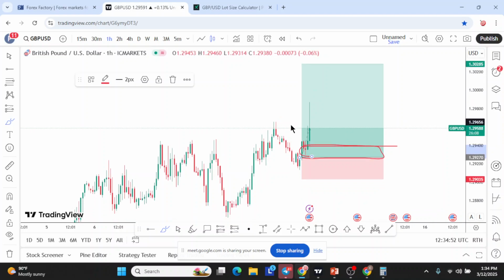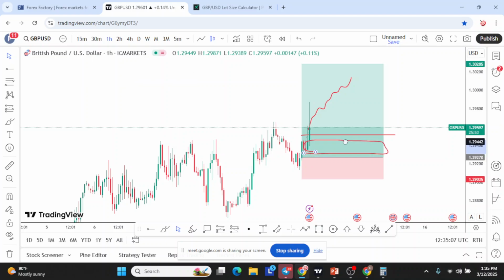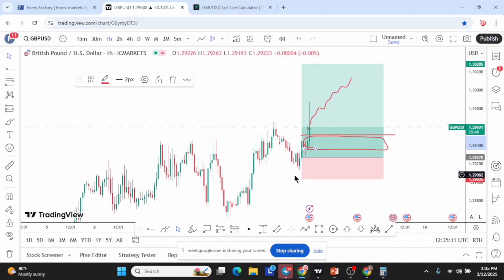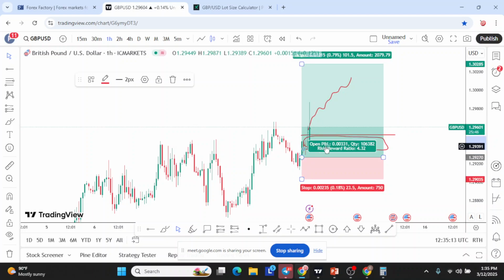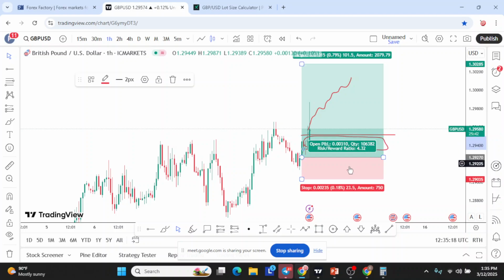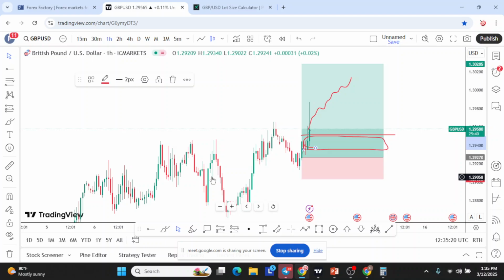So if the market keeps pushing up, what we also do by hand is keep following it up with our trailing profit. This way we have booked more profits. If what we had booked before is just $20, and now we have shifted it up a bit, it means we have booked additional money.